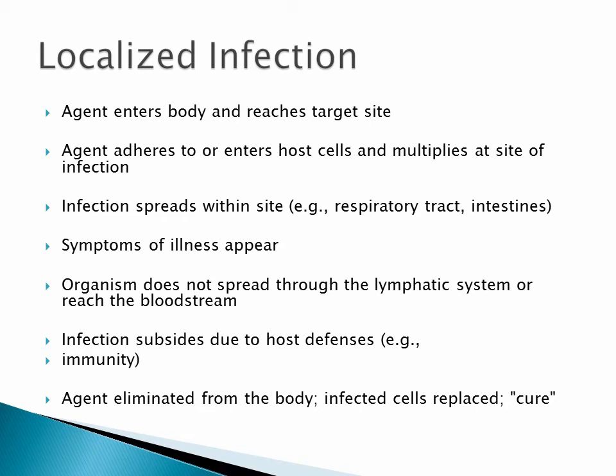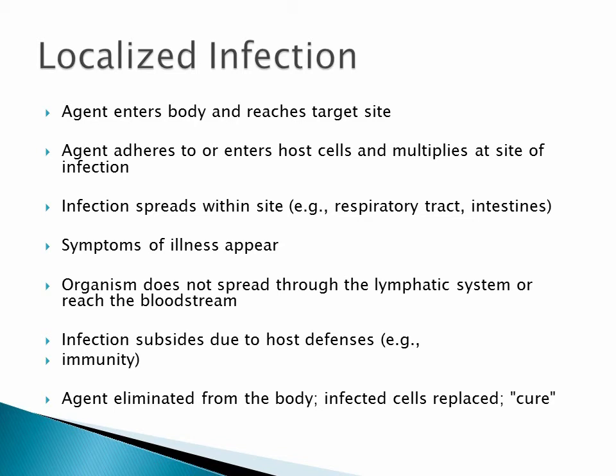Localized, as the name suggests, is just local to one area of the body. For example, the agent enters the body and reaches its target site. The agent adheres to or enters the host cell and multiplies at the site of infection. The infection spreads within the site, for example, the respiratory tract or the intestinal tract, and at this time symptoms can appear.